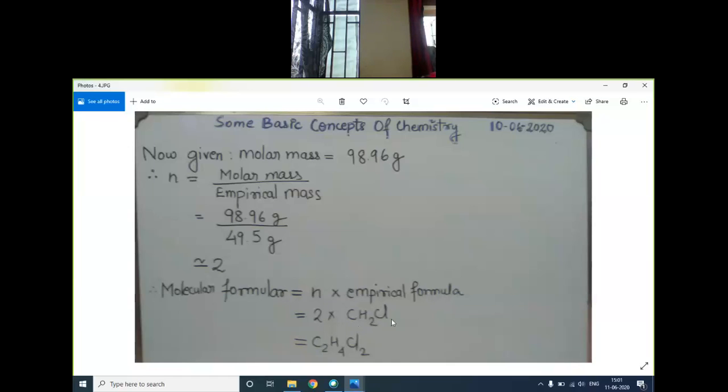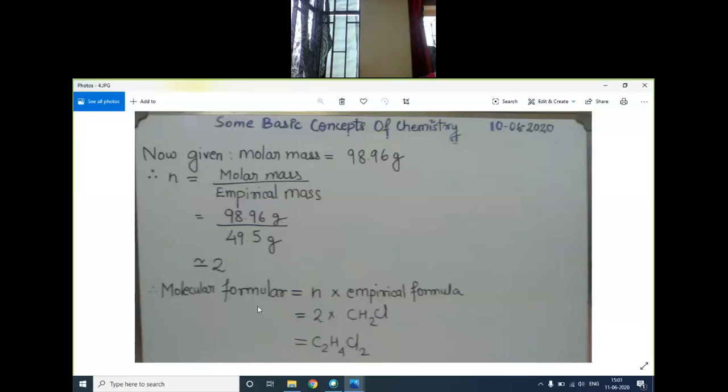Now you have to just do the multiplication. C2, H 2 into 2 will be 4, H4, Cl2. So for the molecular formula we are getting C2H4Cl2. So this is the molecular formula.